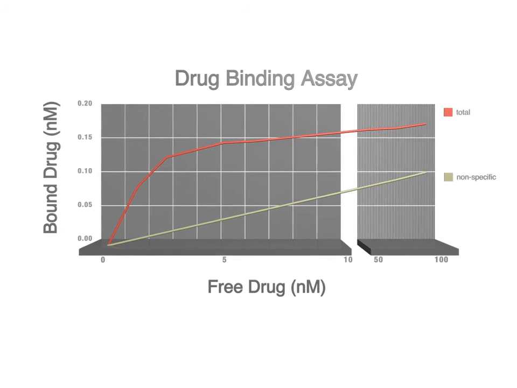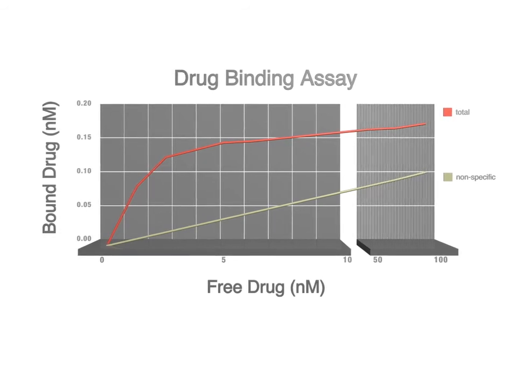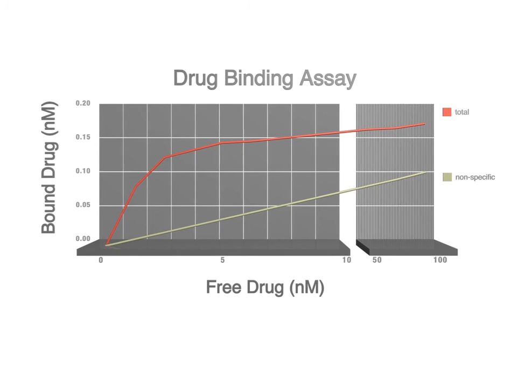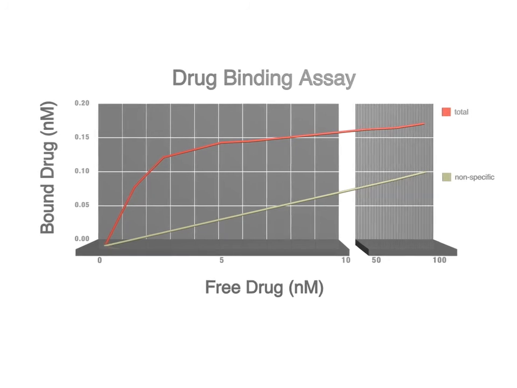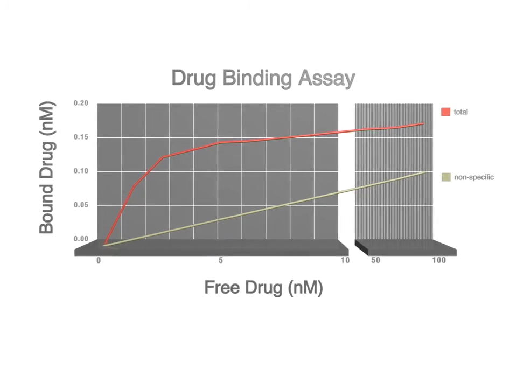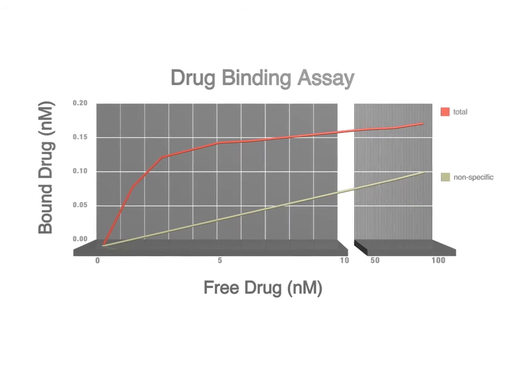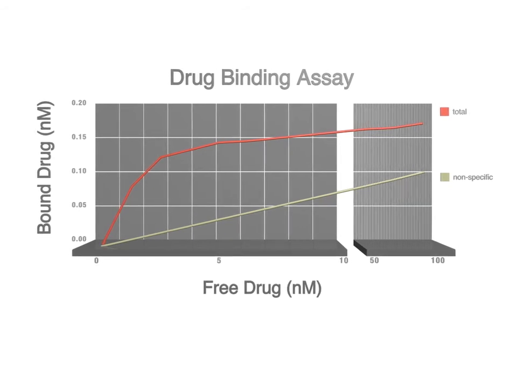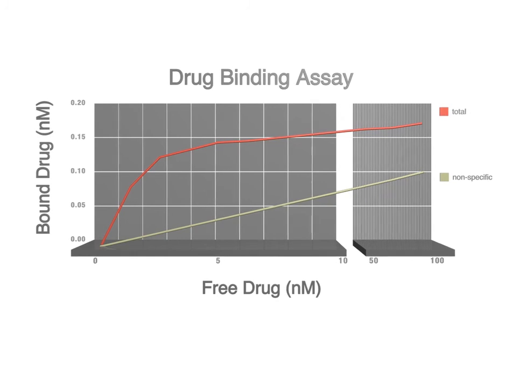We know that the observed binding is to nonspecific binding sites because essentially all of the receptors on the tissue are bound by unlabeled drug, which we have added in vast excess of the labeled drug.